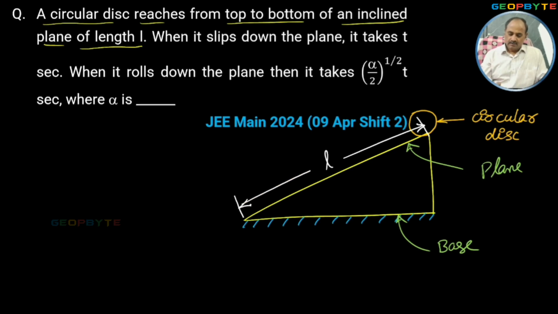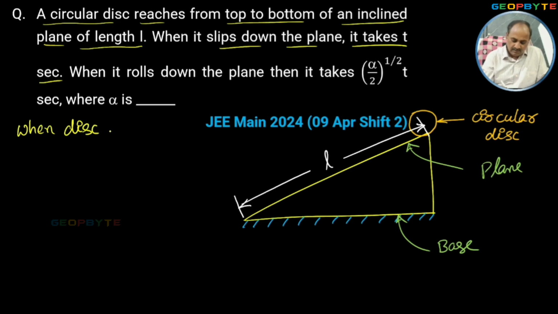Then when it is slipping down the plane, it takes t seconds. When the disk is slipping down, the time taken by the disk is t.